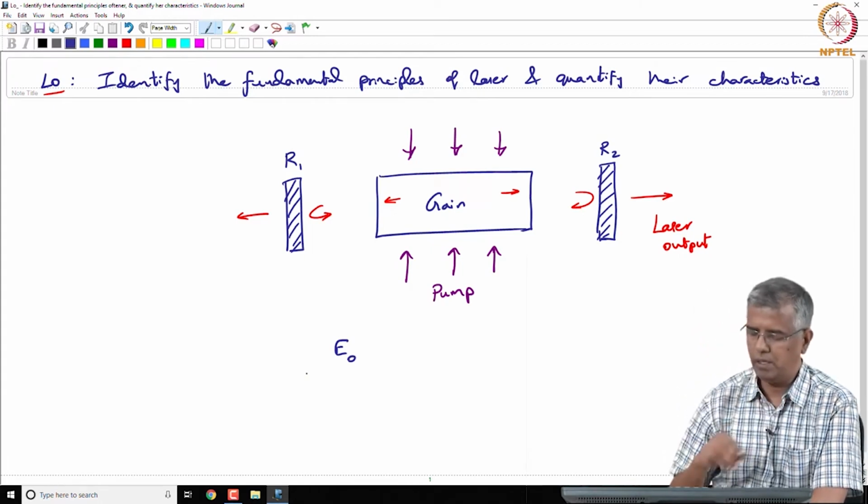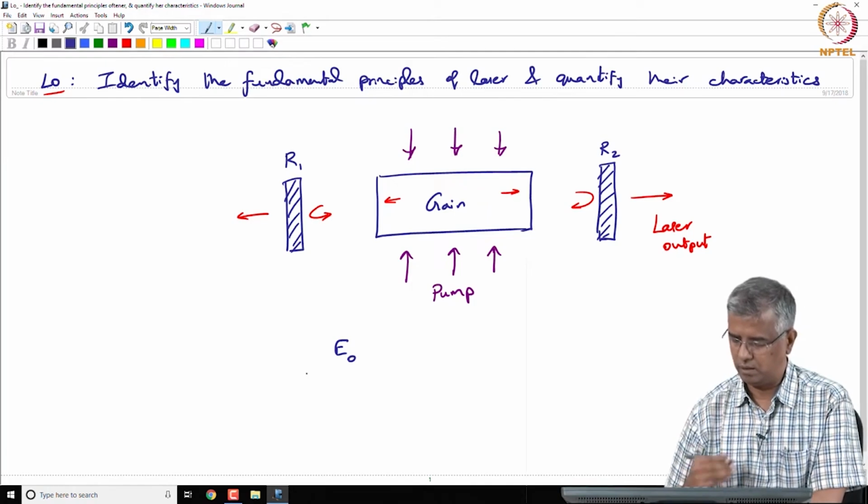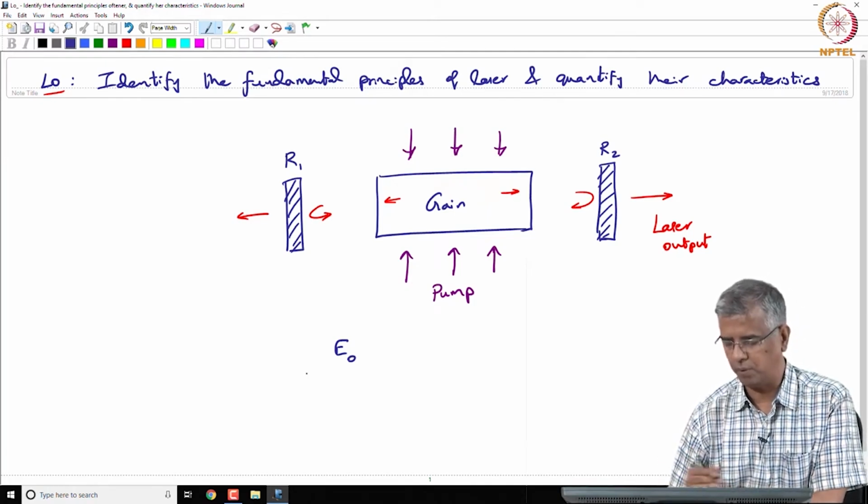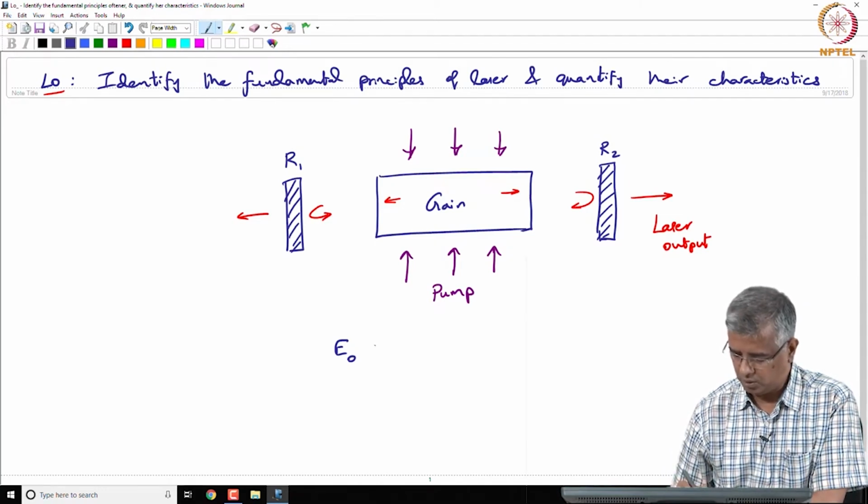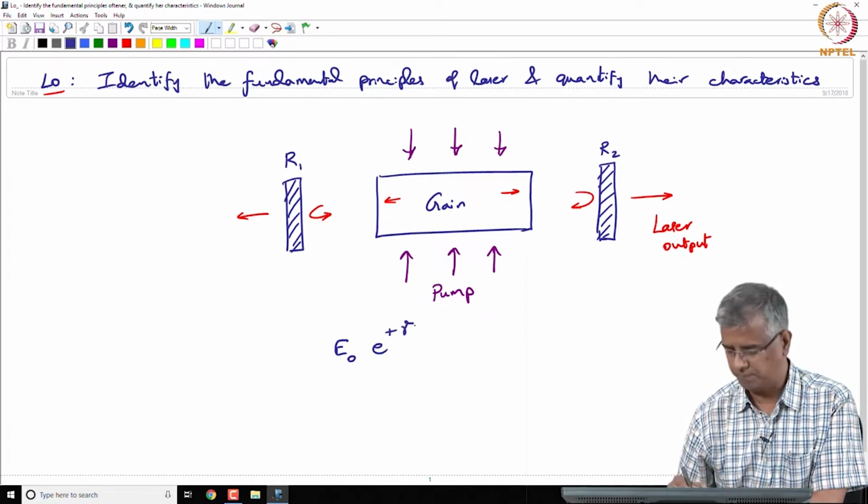As it propagates through the gain medium, it is obviously going to get certain gain, where the gain coefficient is gamma.